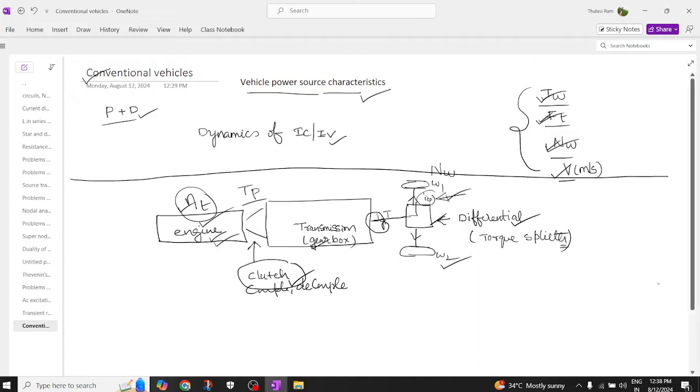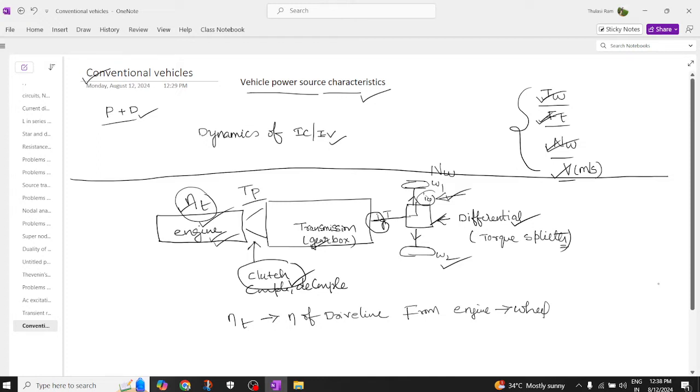So let's try to define each individual term. Eta T is called the efficiency of the drive line. So this is the IC engine efficiency of the drive line, from where to where? The efficiency is from engine to wheel.